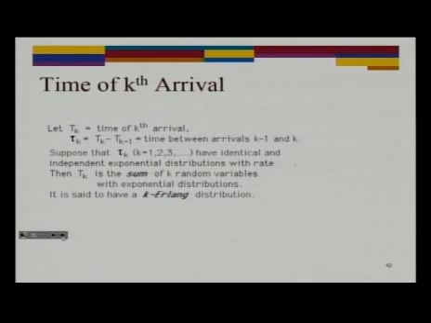Then tau sub k, which is T sub k minus T sub k minus 1, is the time between arrivals. Suppose that the tau sub k are identical and independent exponential random variables with rate lambda. Then T sub k is a sum of k random variables with exponential distribution. Then it is said to have an Erlang distribution. Okay?